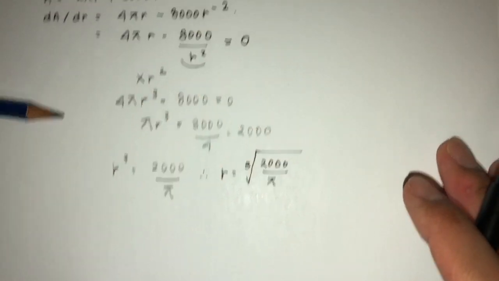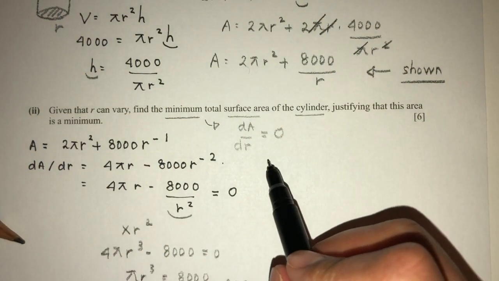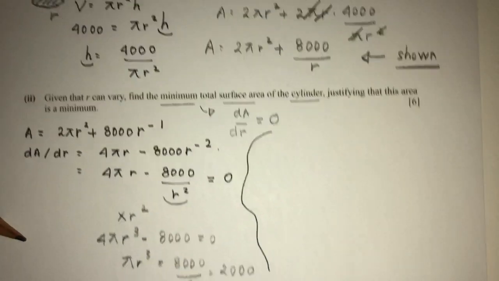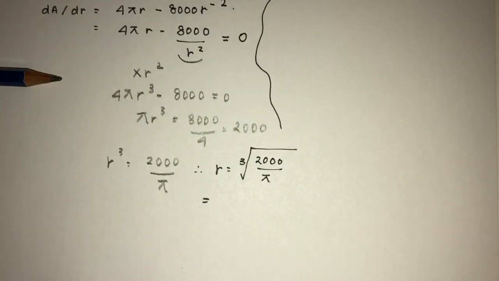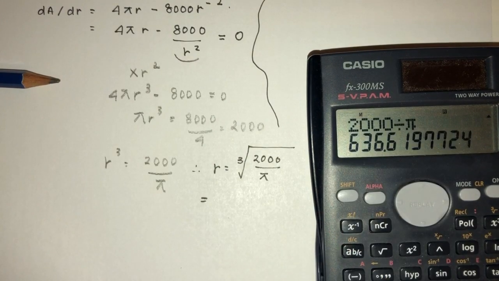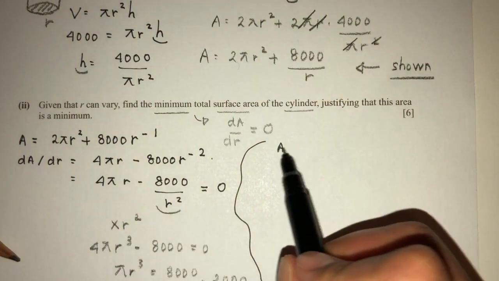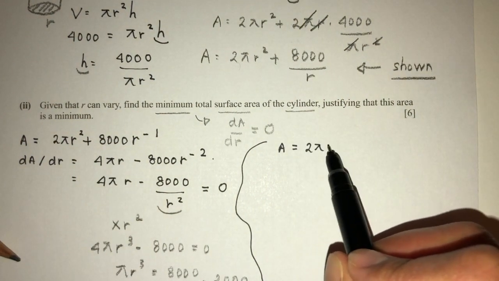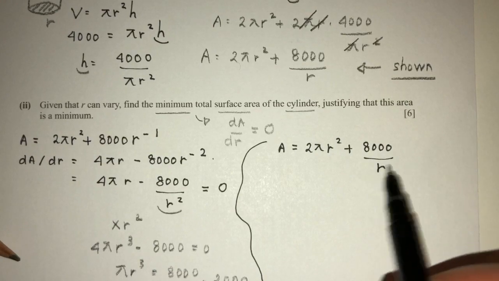Now, we want to find the minimum total surface area. So basically, we want to find A at the value of r equal to this value. So let's evaluate this value to see what that is. 2000 divided by pi, we have to find the cubic root of that. That should be 8.603. So we have to replace this value back in our main equation, which is A equal to 2 pi r square plus 8000 over r.